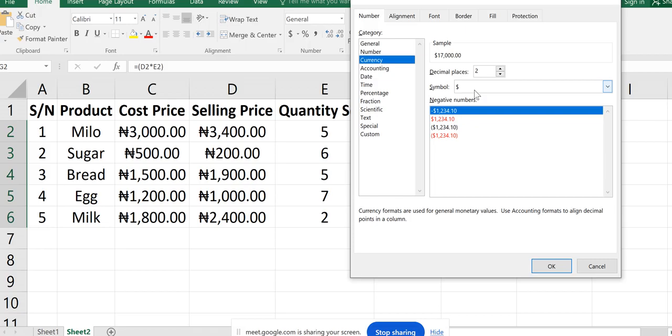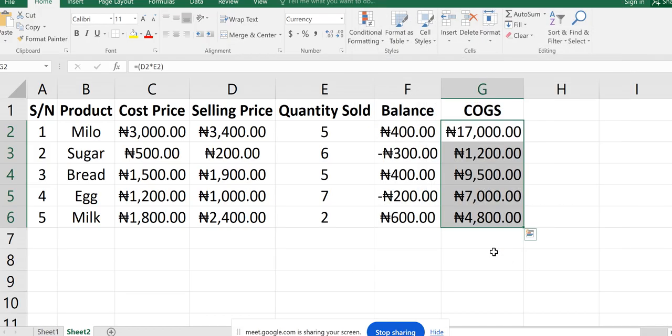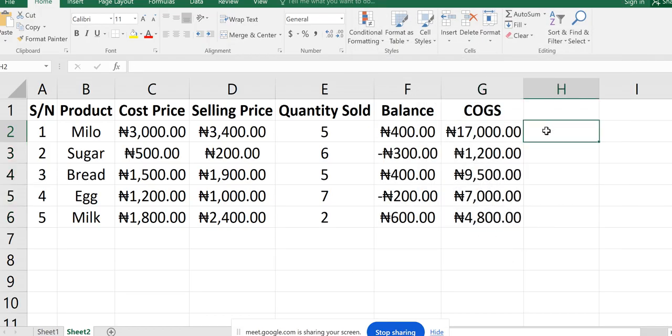What else? You go under the symbol. Then you look for anything that relates to Naira. You know your Naira figure, so you should just look for it. We've been using Yoruba, so let's use Yoruba. Exactly.